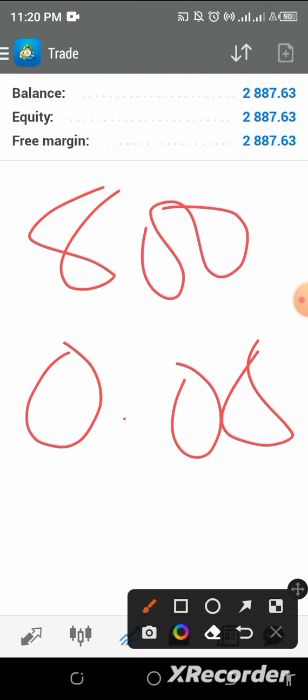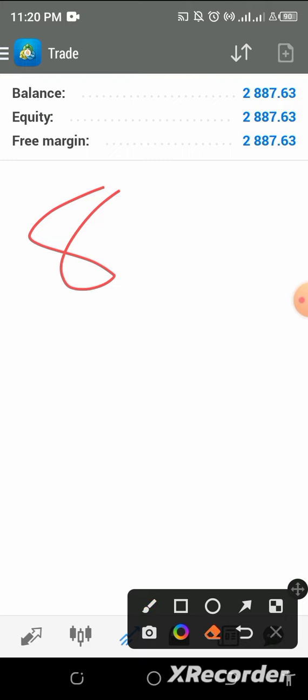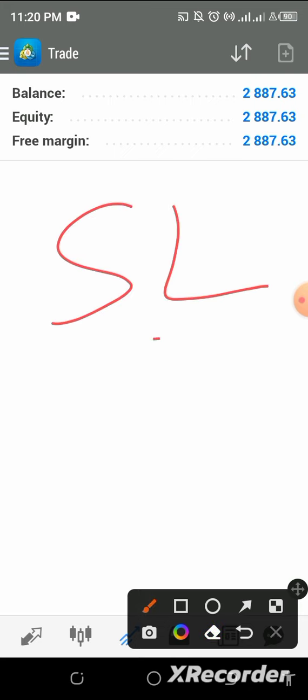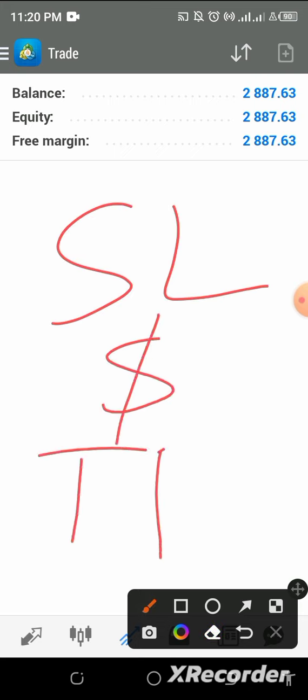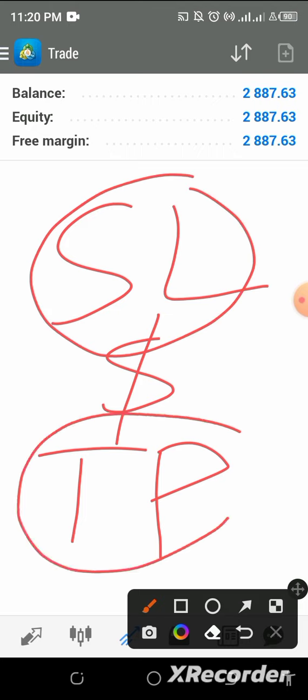And again, I want to tell you, newbies, that it is important to set your stop loss and your take profit. If you cannot monitor your trade, if you cannot stay with your screen, always use stop loss and take profit. That's the most important thing in Forex.